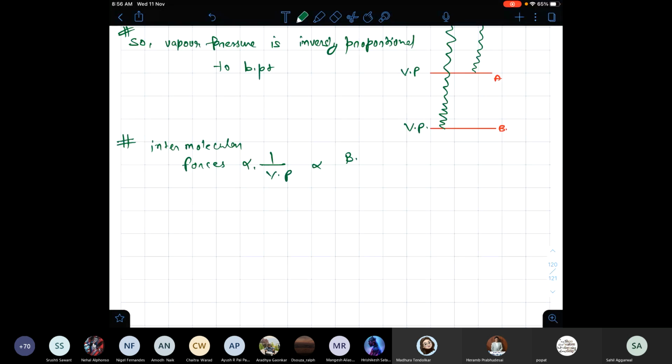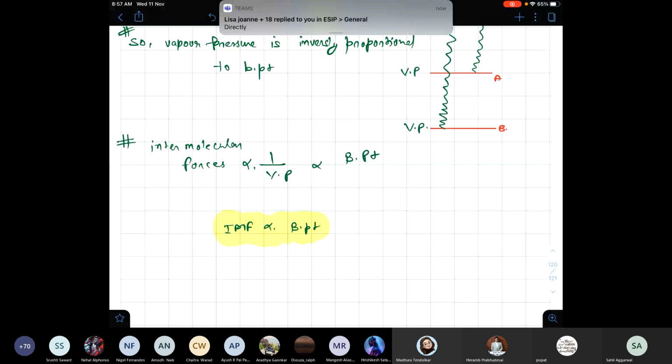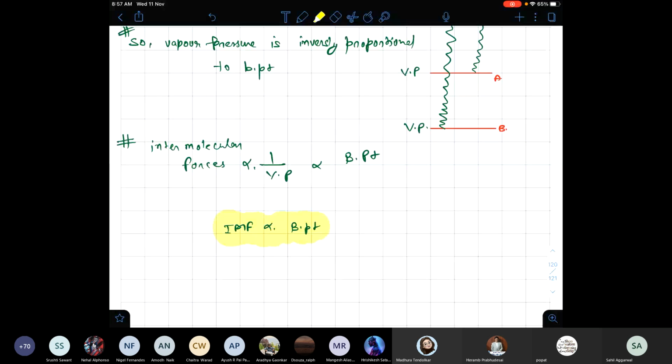Vapor pressure is inversely proportional to boiling point. Hence, intermolecular forces are directly proportional to boiling point. Understood. All of you understood?